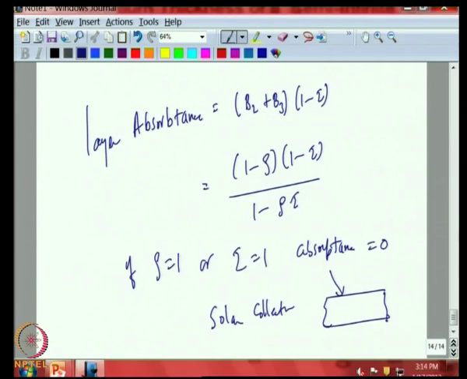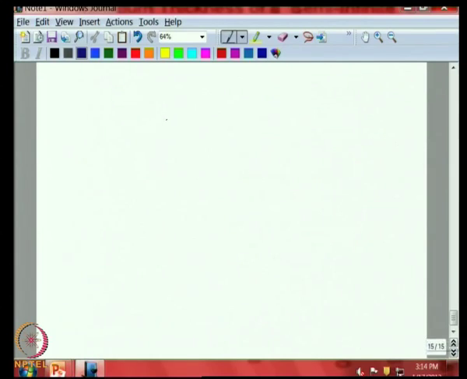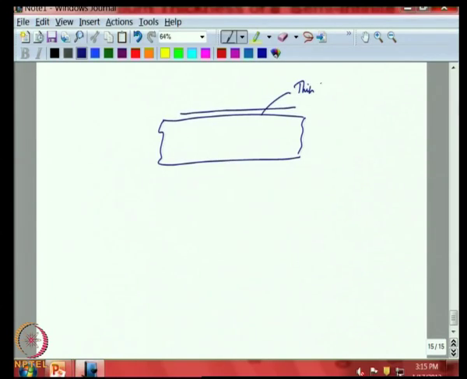And if, for example, one finds the reflectance of the solar collector is very large, one can add a thin coating to reduce the reflectance in both layers.